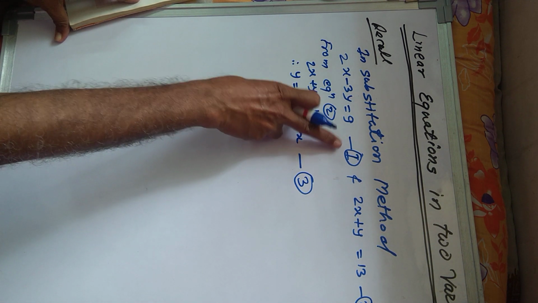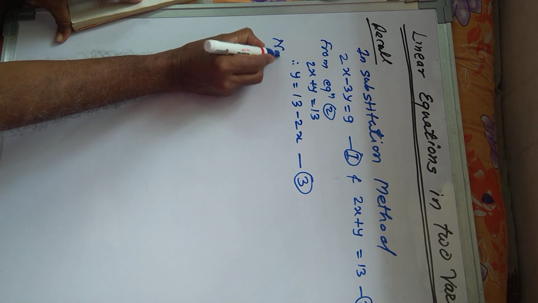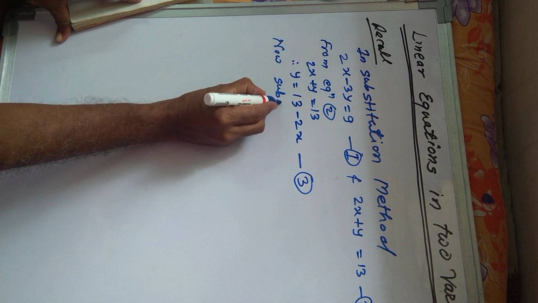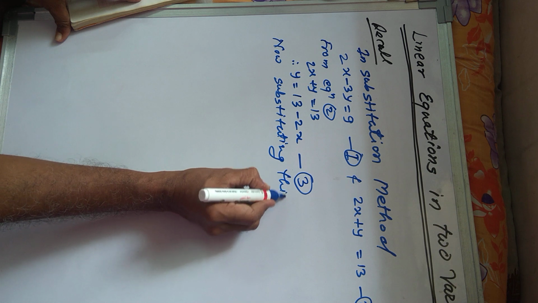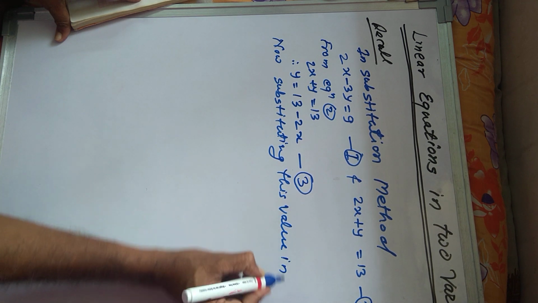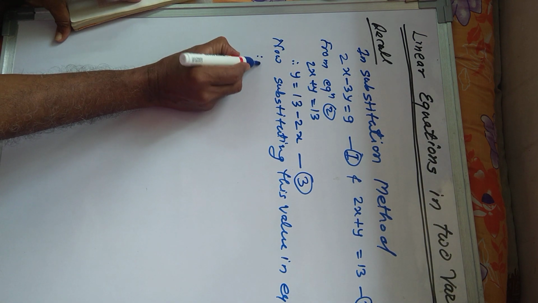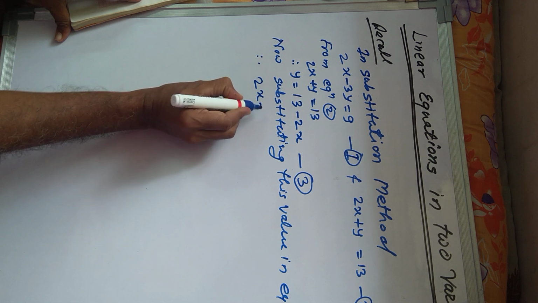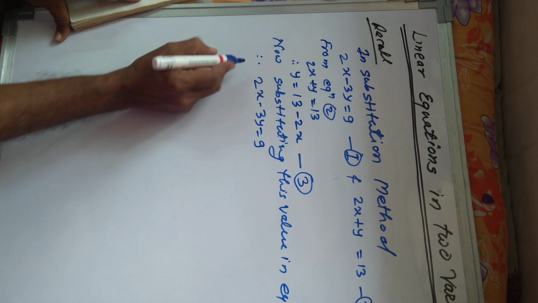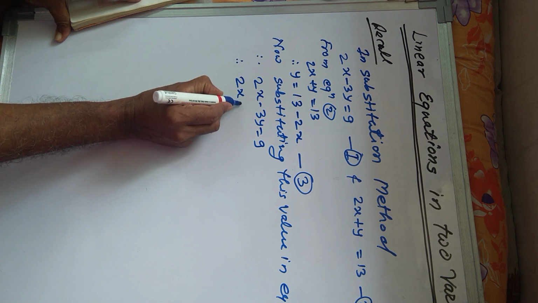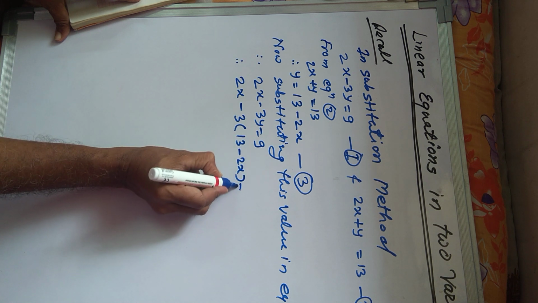That means in equation number 1, which is 2x minus 3y is equal to 9, substituting this value of y, we get 2x minus 3 into bracket 13 minus 2x is equal to 9.